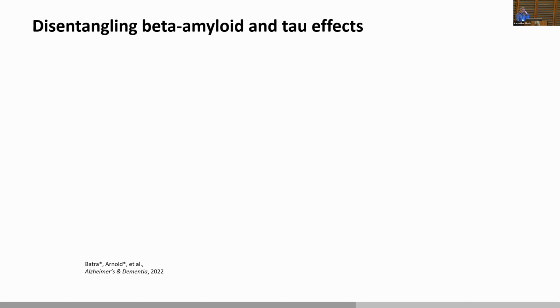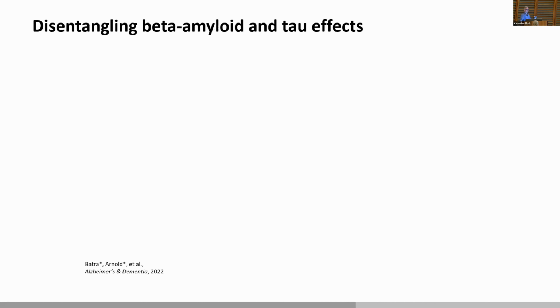Then one topic that we had in this data set, if you're from the Alzheimer's field, you're very aware of this. If you're not from the Alzheimer's field, you're probably also aware of this, is that there's this big debate whether the amyloid plaques, the protein that accumulates in the brain, which is part of the definition of Alzheimer's disease, is the causal factor for the disease.